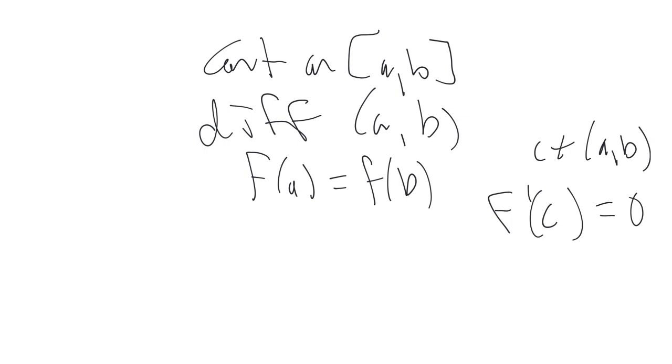Okay, so if I want to cross out a different one, let's cross out differentiable. So it's continuous, not necessarily differentiable, and has the same outputs. Well, for continuous and not differentiable, your go-to function should always be absolute value of x.